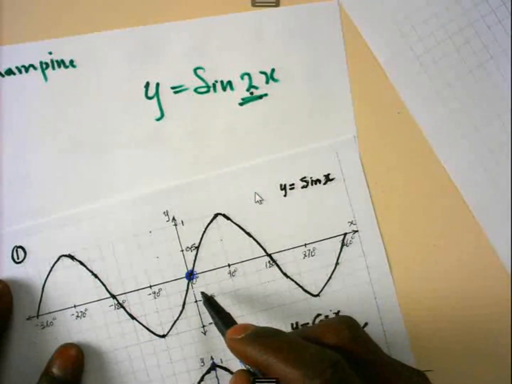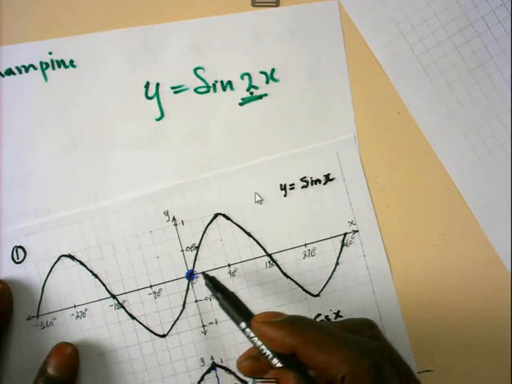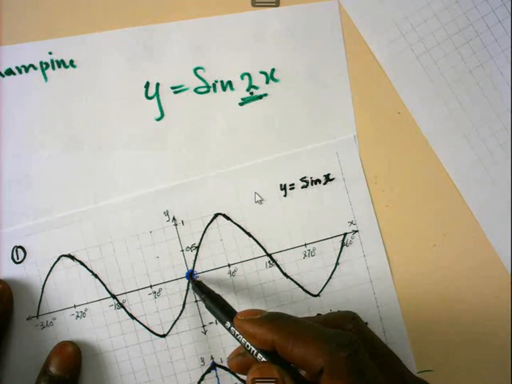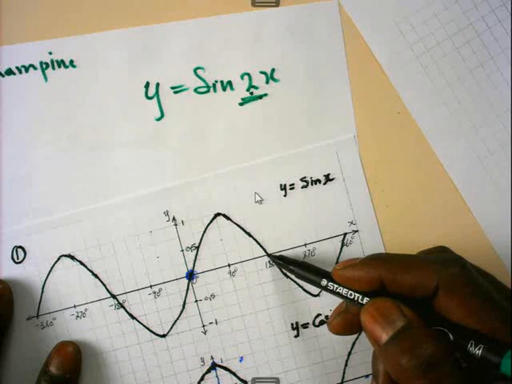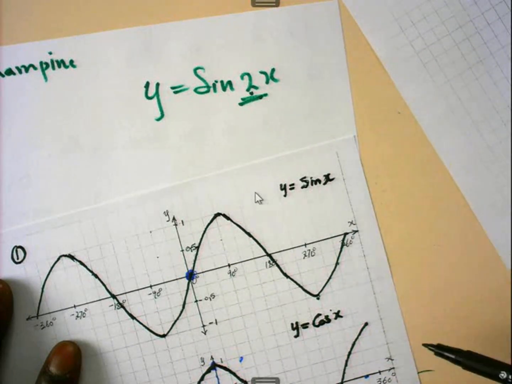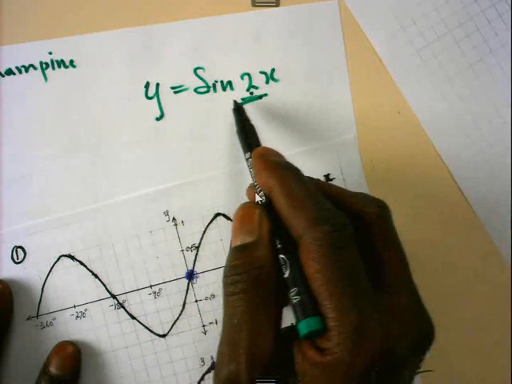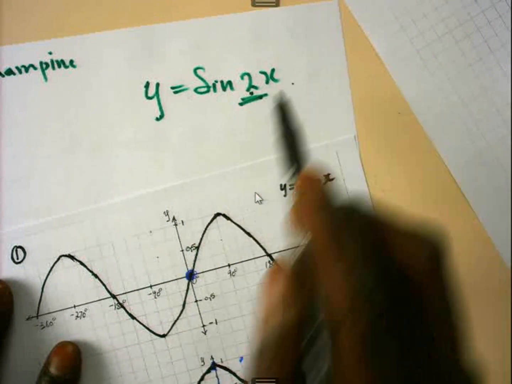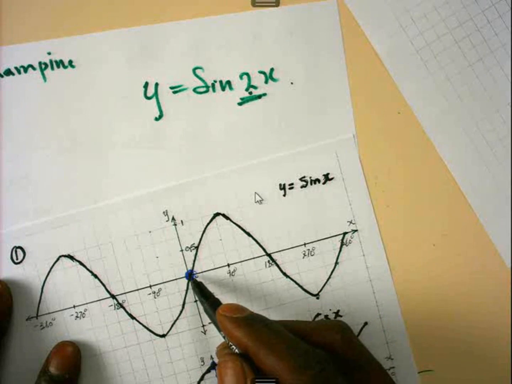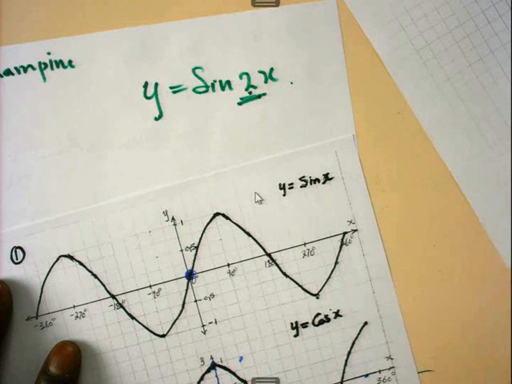We have y equal to sine x, and we are able to follow this pattern: the value of y as 0, 1, 0, negative 1, 0, 1, 0, negative 1. So in order for us to draw the graph of y is equal to sine 2x, we will like to have the same pattern of 0, 1, 0, negative 1, 0, 1, 0, negative 1.